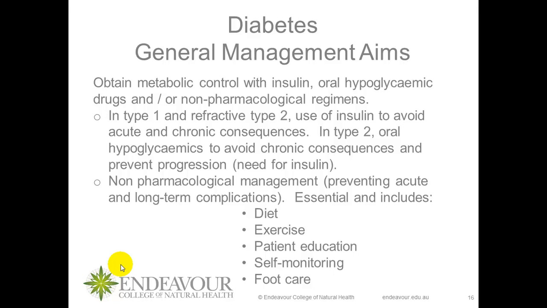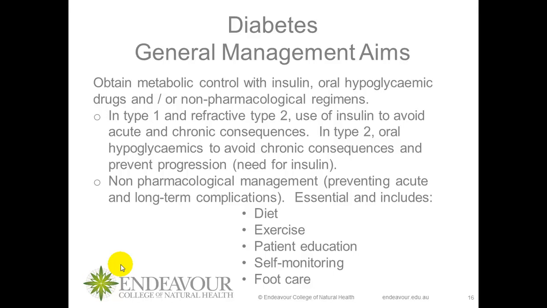So this is life-saving Western pharmaceutical therapy, but it does require that the person is very well committed to some important lifestyle changes and lifestyle long-term management of their metabolic disorder.